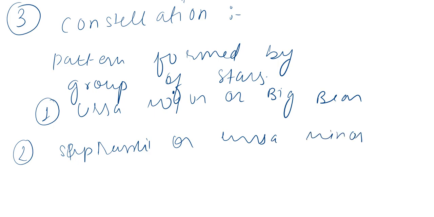The importance of Saptarishi or Ursa Minor is that it helps in knowing the direction. Let us understand this with an example. Suppose Saptarishi is a group of 7 stars arranged like this.